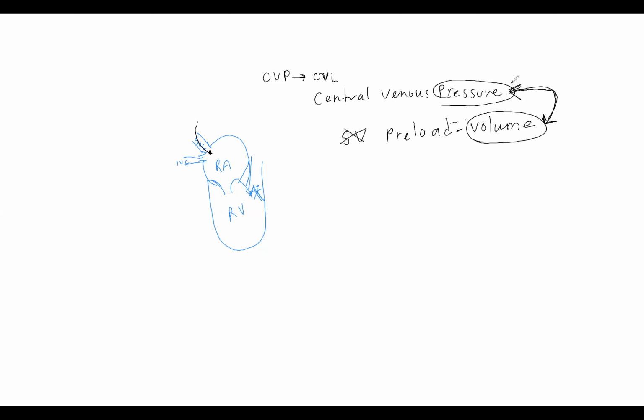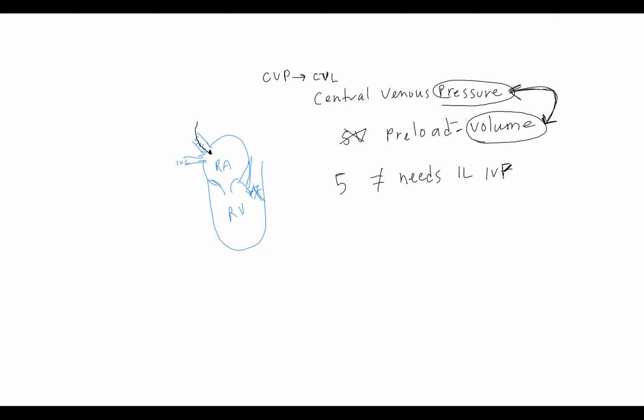So this is one of the limitations with a central venous pressure, that a CVP of 5 does not tell me that this person needs, let's say, a liter of IV fluid. Okay, that doesn't necessarily correlate.